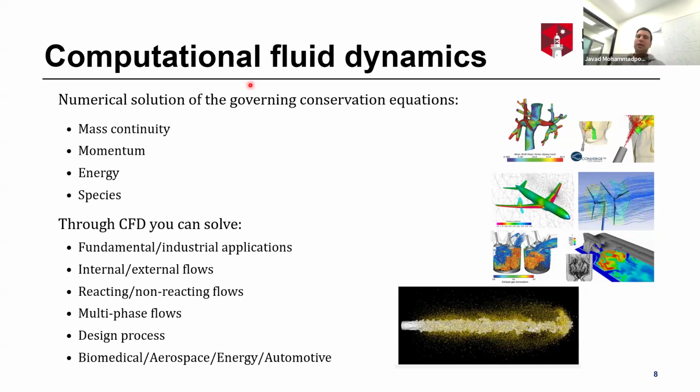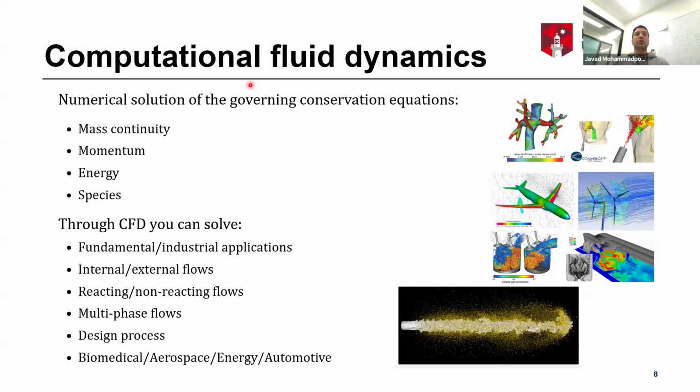So when I use CFD, or computational fluid dynamics, previously I explained that we have different types of methods for solving physics in the real world. One of them was numerical simulation. Computational fluid dynamics means that when we have a fluid, we can solve that physics through CFD.